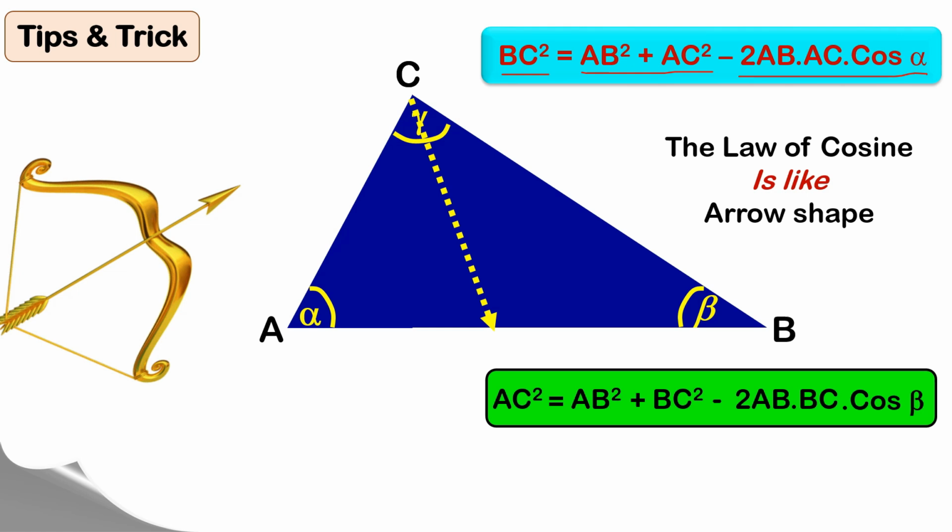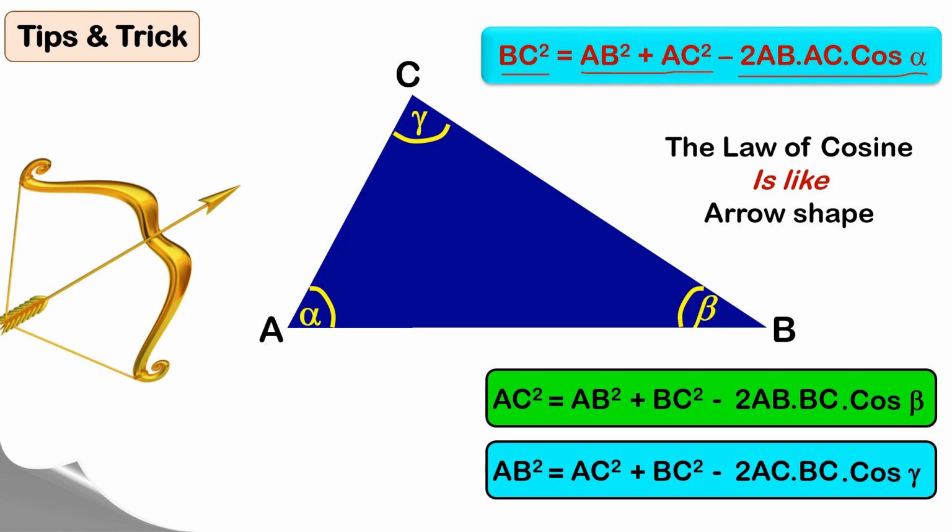While for angle C or gamma, it is opposite line AB and flanked by lines AC and BC. So the formula begins with AB squared followed by AC squared plus BC squared, then minus 2 times the product of AC, BC, and cos gamma. Easy, right?